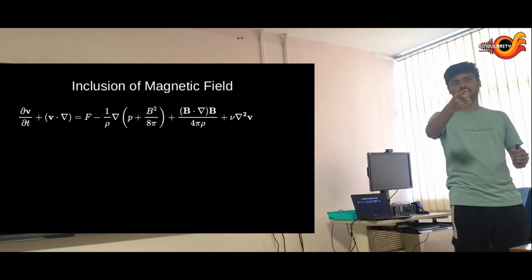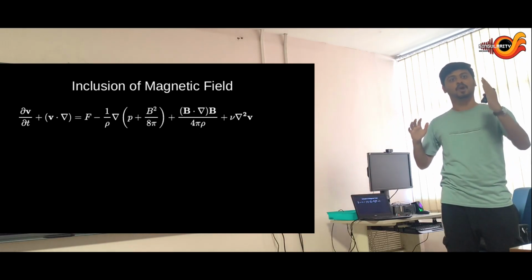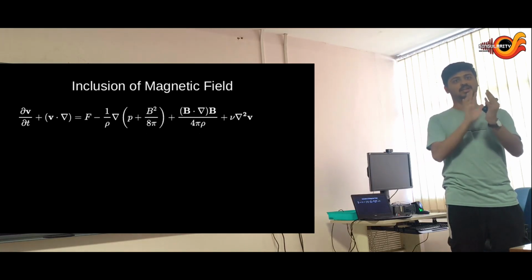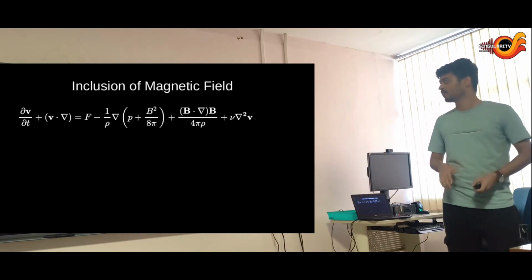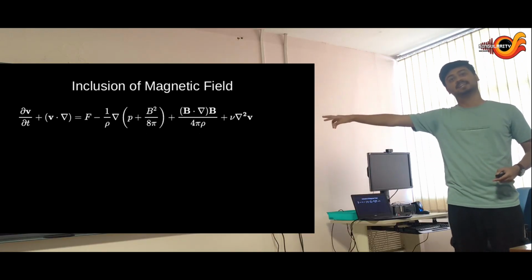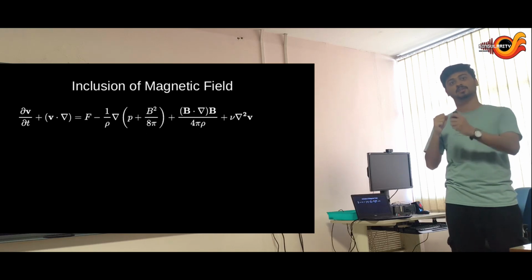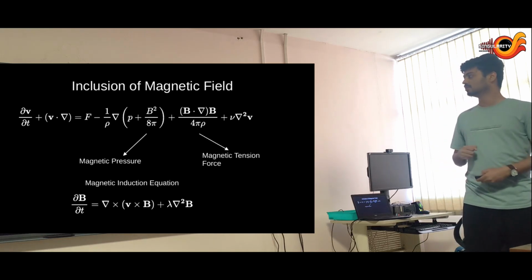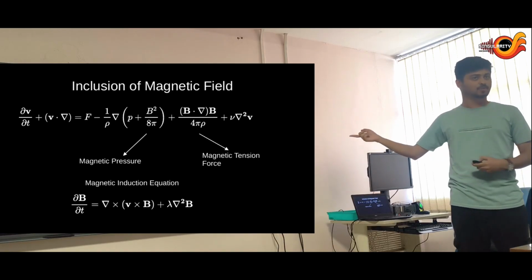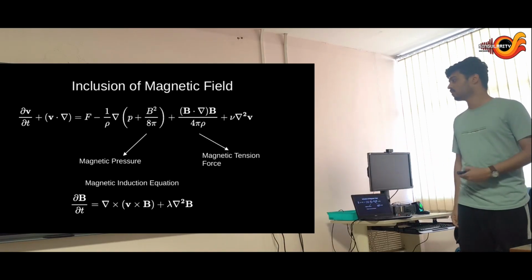That's what I was trying to tell you before, that the magnetic field acts like a wall and doesn't allow any matter to come in. So this B square by 8 pi acts like that wall. It is a magnetic pressure which is not allowing anything to come in. So that is the magnetic tension and the magnetic pressure.